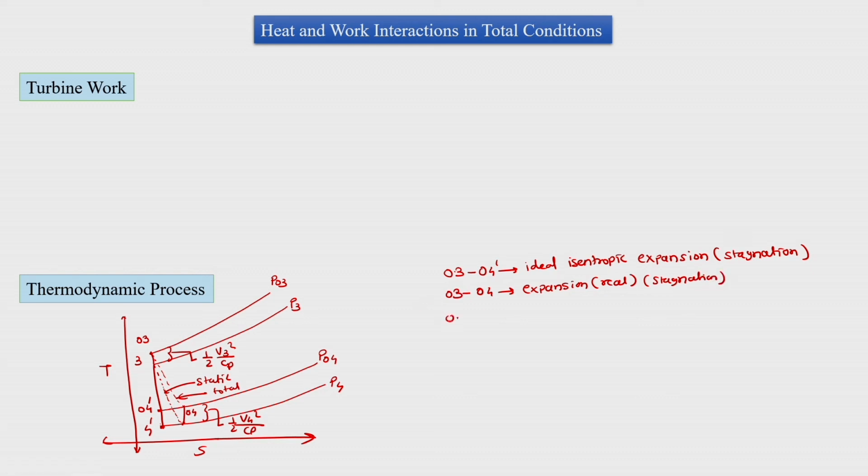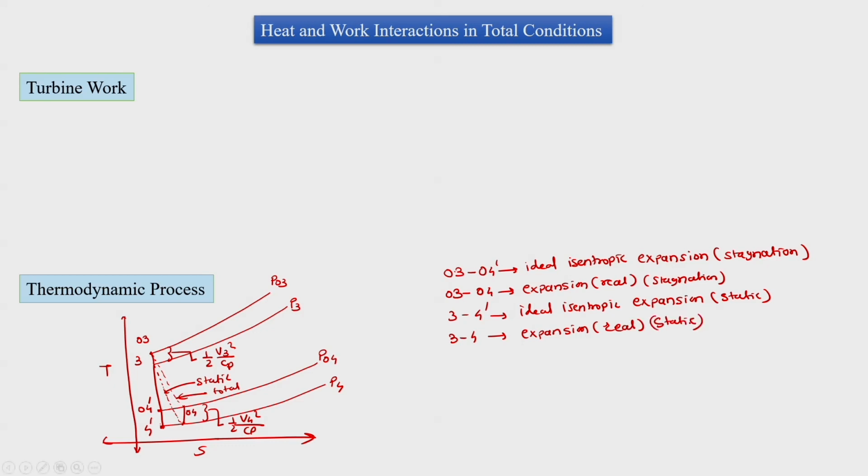And then we have 3 to 4 dash, which is ideal isentropic expansion in terms of static quantities, and we have 3 to 4 as real expansion, that is with static quantities.